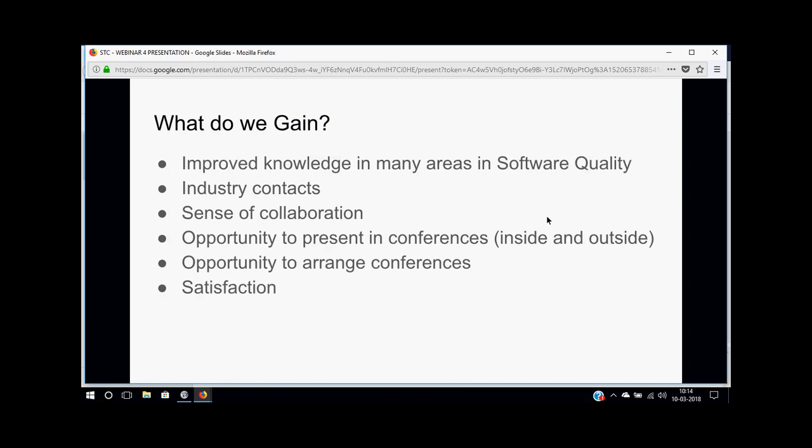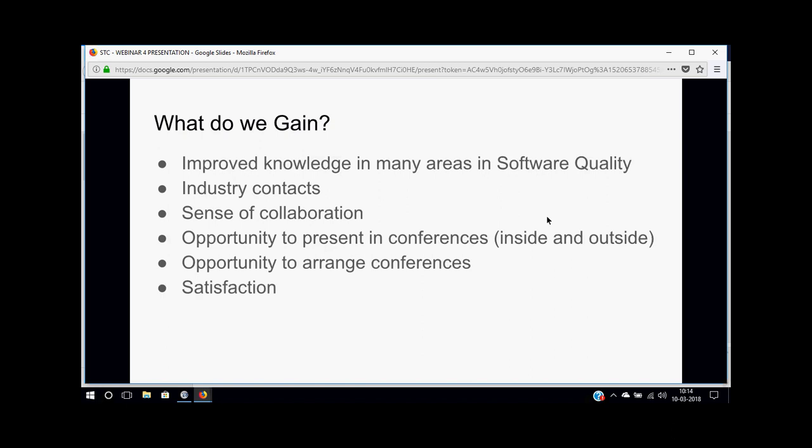We also have a sense of collaboration. We collaborate within the team, not necessarily within the company. But when we collaborate within the community, you get to know a lot of people outside your sphere of influence. And that's more important at this point in time.